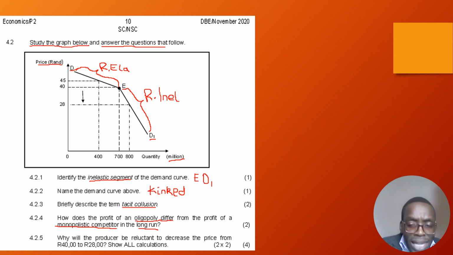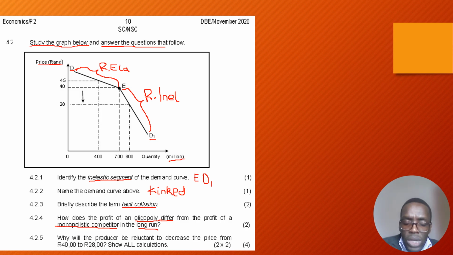And what kind of profits are made by a monopolistic competitor? It makes normal profits in the long run. So an oligopoly makes economic profits in the long run, and a monopolistic competitor makes normal profits in the long run.